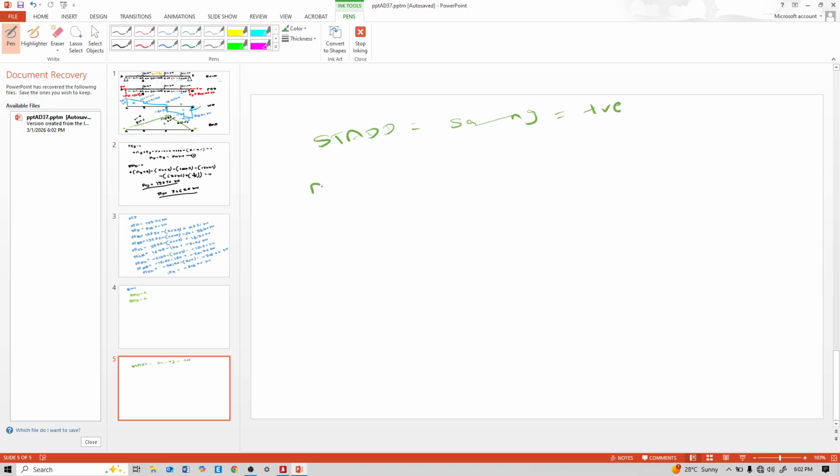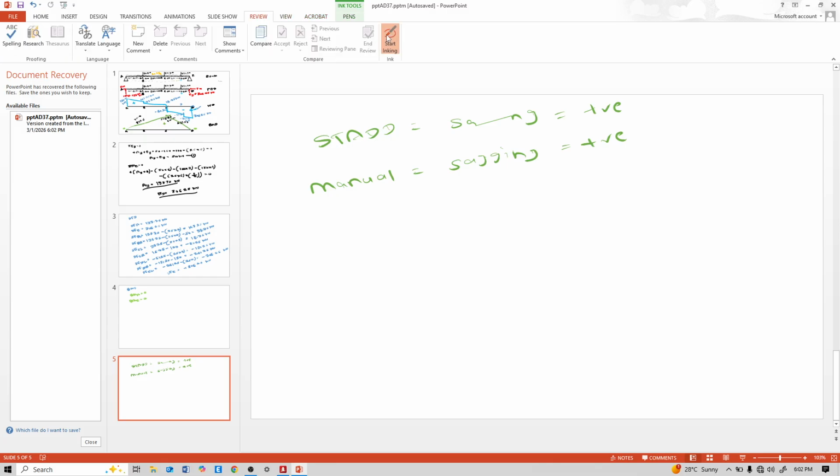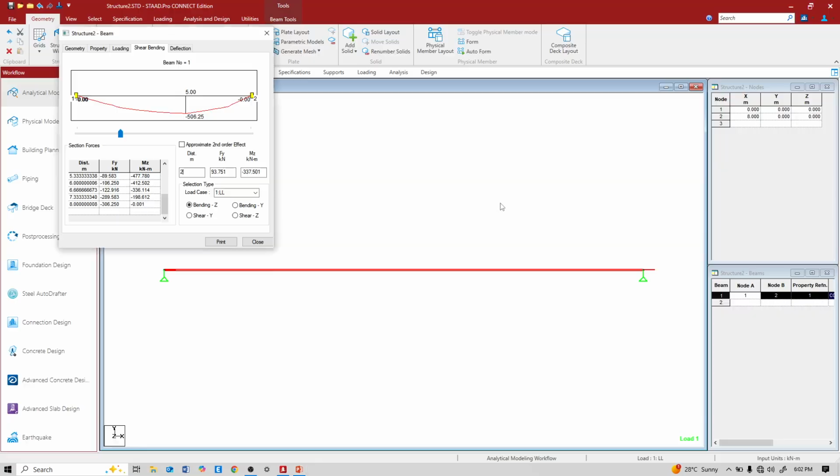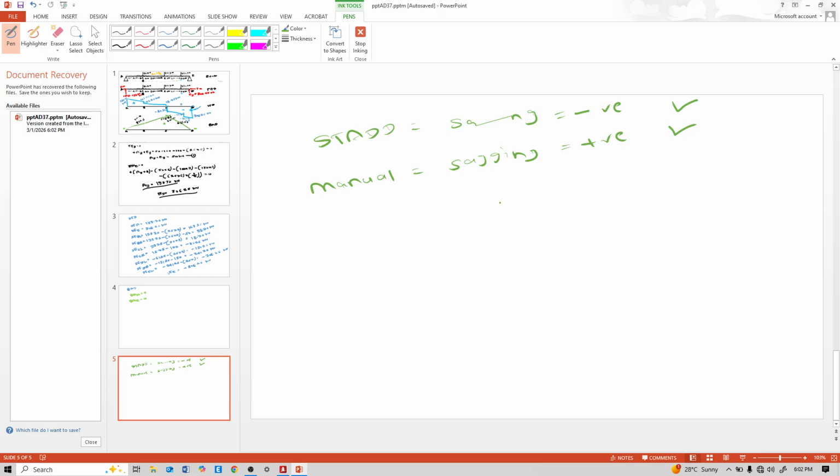Sagging positive in manual and sagging negative in StatPro. So when we take values from StatPro, if it is negative in StatPro, that means it is sagging bending moment. And when it is positive in StatPro, then it is hogging bending moment.